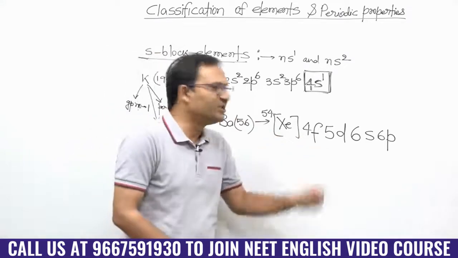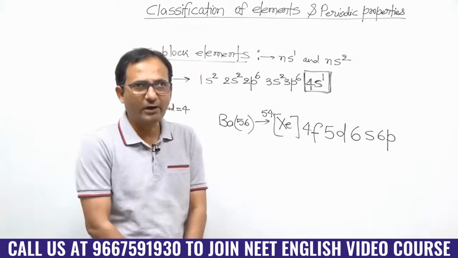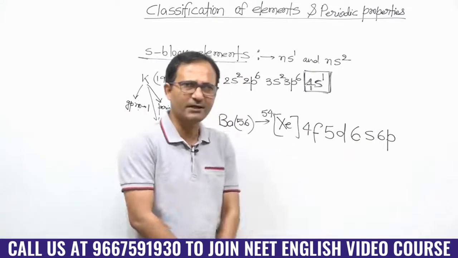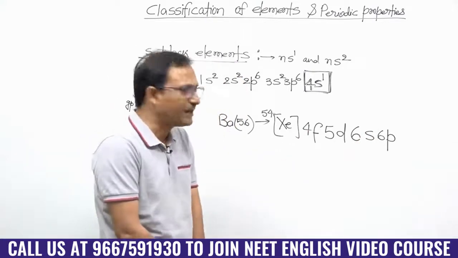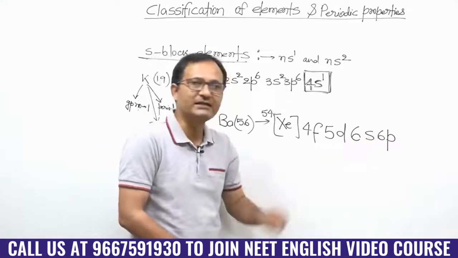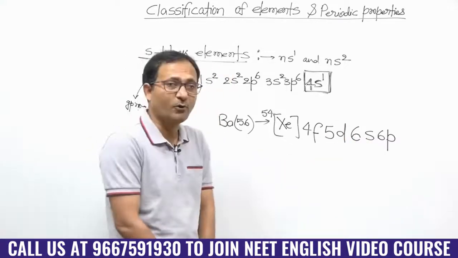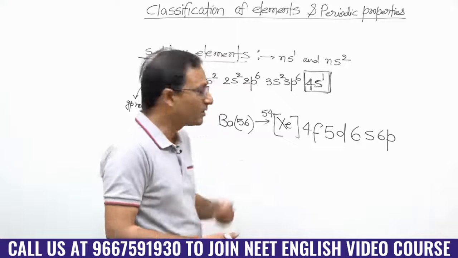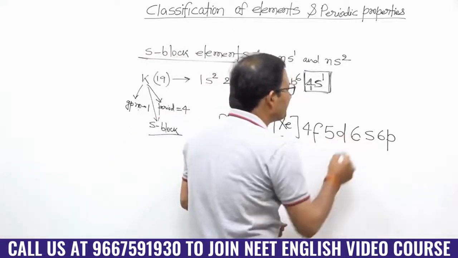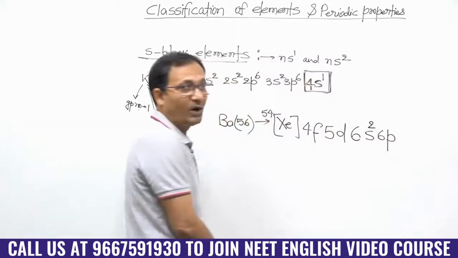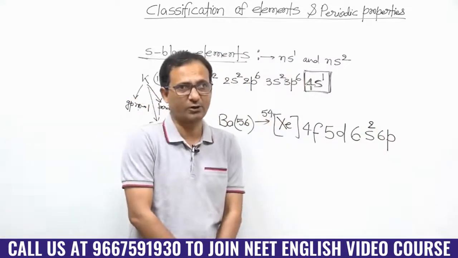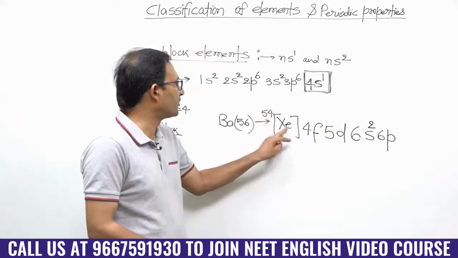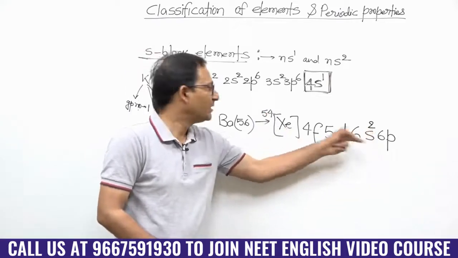Now, fill up these subshells with electrons according to the above rule. Among these 4 subshells, the least value of n plus l is for 6s, and therefore among these 4 subshells the lowest energy is of 6s, and so first of all 6s will be filled up with electrons, and as you know s subshell can have maximum 2 electrons, so we can write here 6s2. 54 for xenon and 2 here in s, 56.